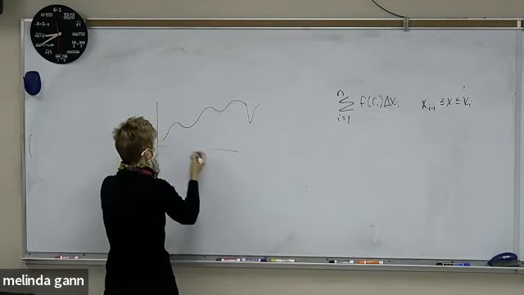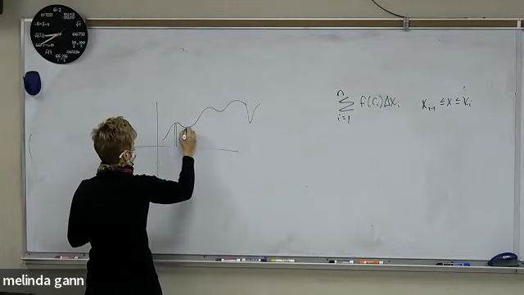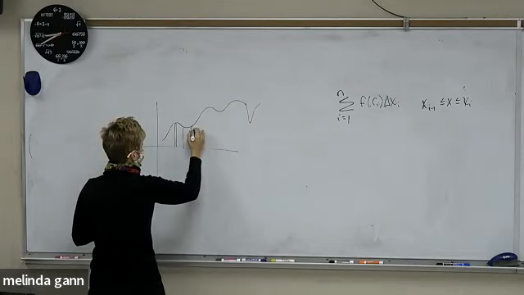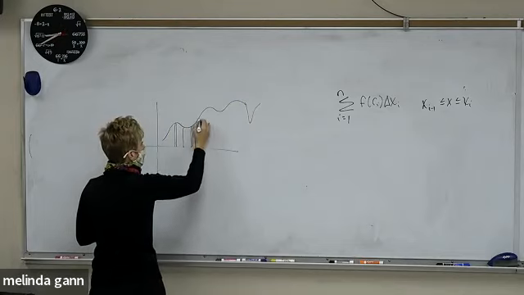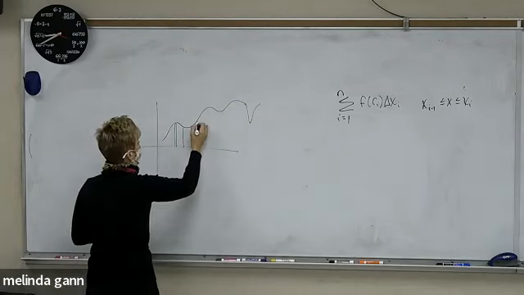I might decide to make this one real skinny, and I might decide to make this one pretty wide because it looks pretty flat. Then I might decide to make this one, you see what I'm saying? In other words, I can change the widths of the rectangles to try to make it fit the curve better.